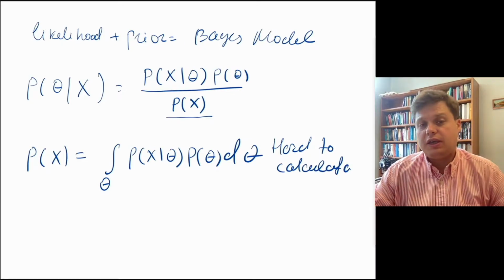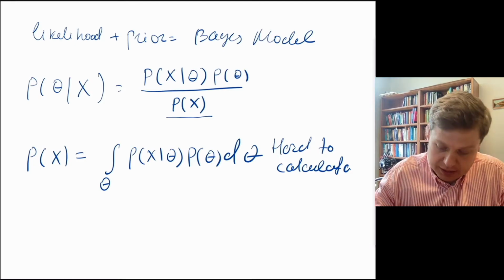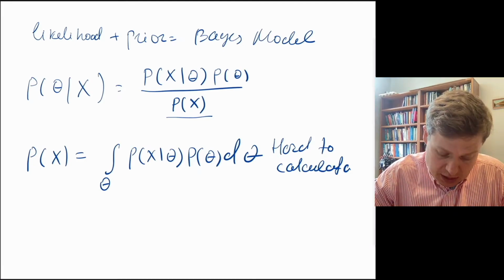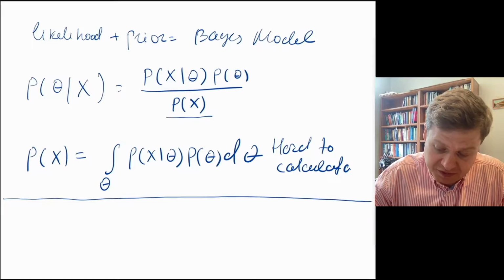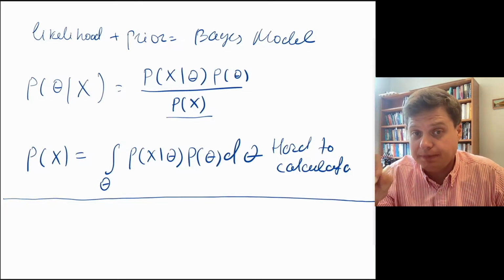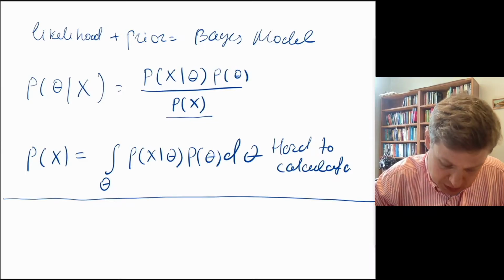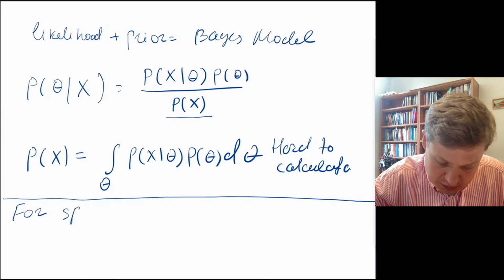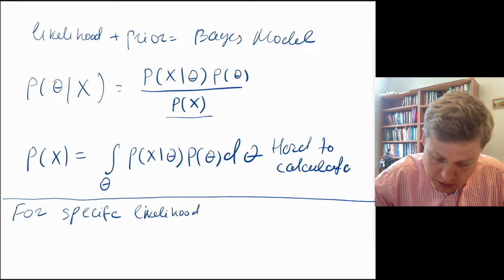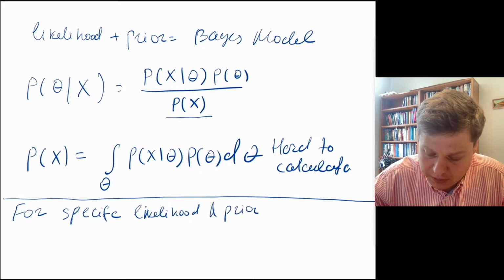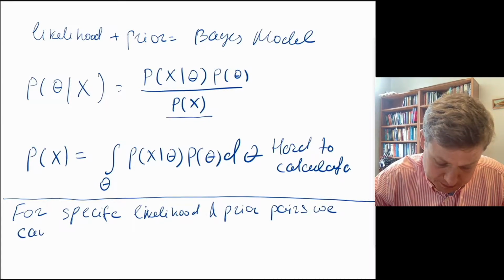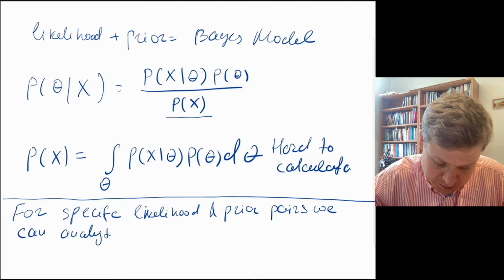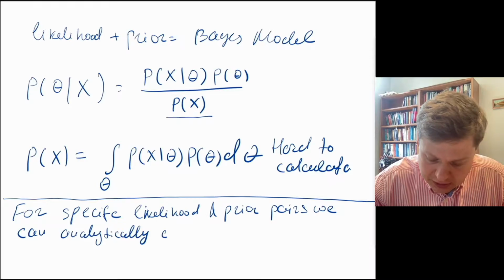And in most cases, this integral cannot be calculated analytically. However, there are exceptions. For specific likelihood and prior pairs, we can analytically calculate this integral.